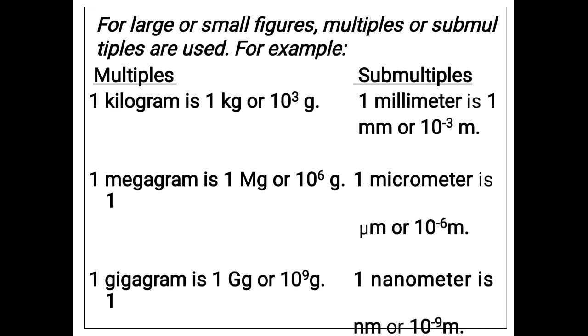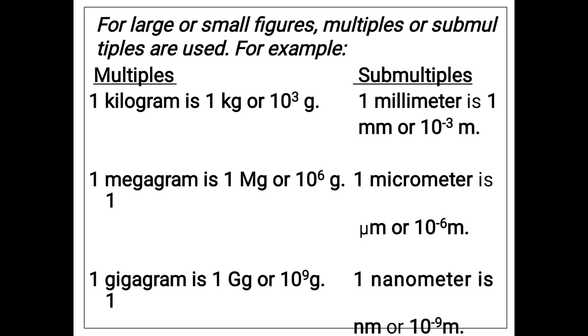This is called a multiple. For submultiples, 1 millimeter is 1 mm or 10 power minus 3 meter. In the case of multiples, kilogram is converted into 10 power 3 grams. In the case of submultiples, millimeter is converted into 10 power minus 3 meters.